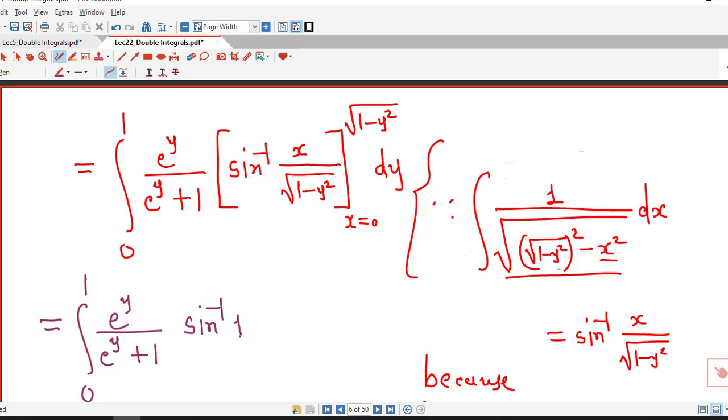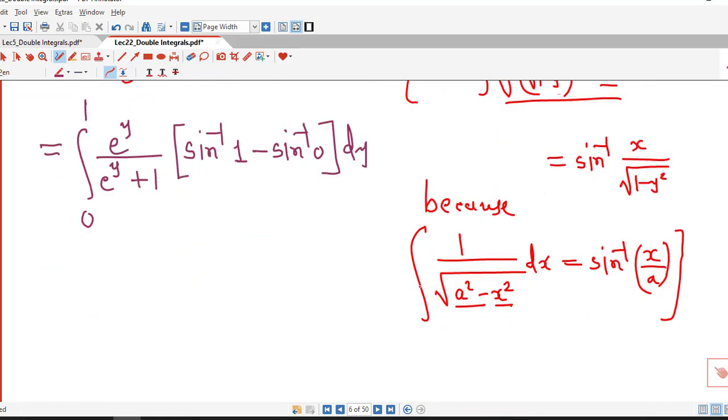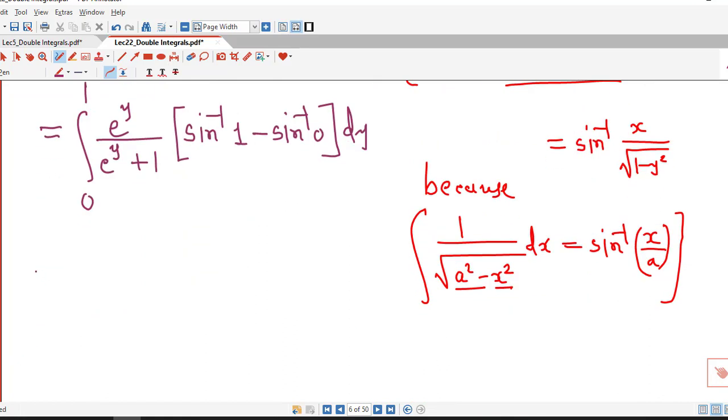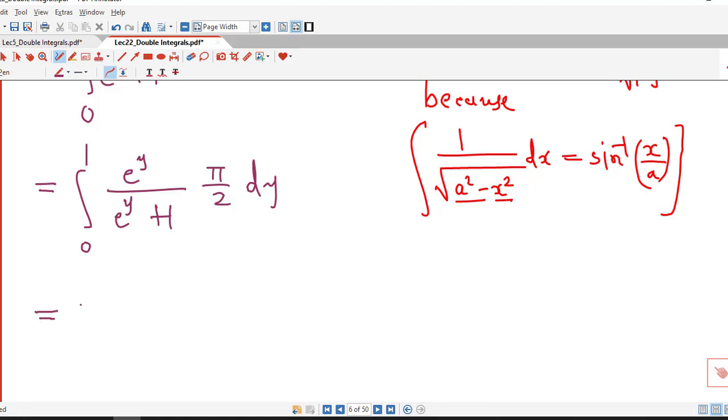So under root 1 minus y square will cancel out and we have sine inverse 1, minus sine inverse 0, and then we will integrate with respect to y. Now, as we know, sine pi by 2 is 1, so sine inverse 1 is pi by 2, and sine inverse 0 is 0. So this is equal to e raised to y over e raised to y plus 1 into pi by 2.